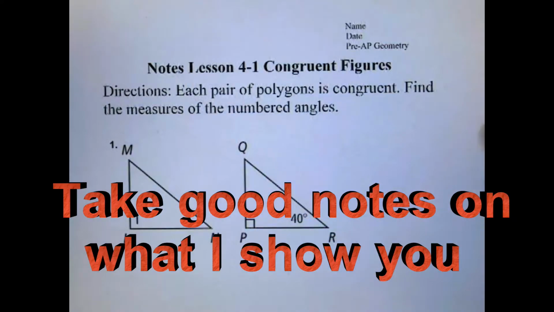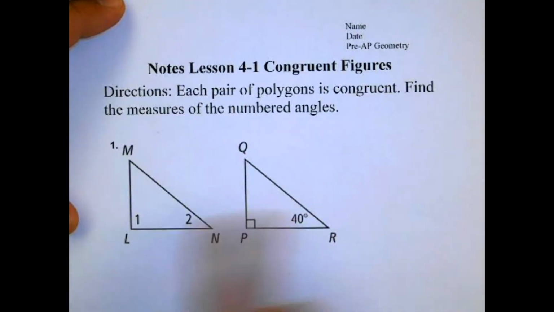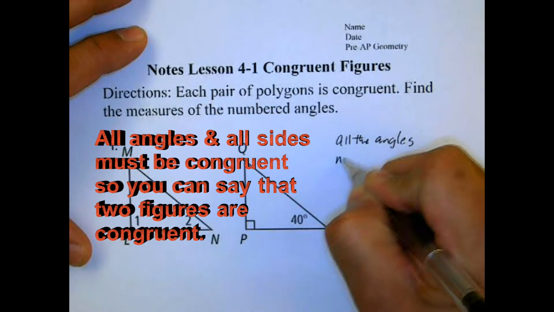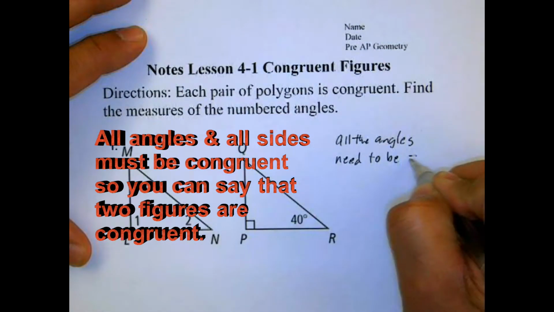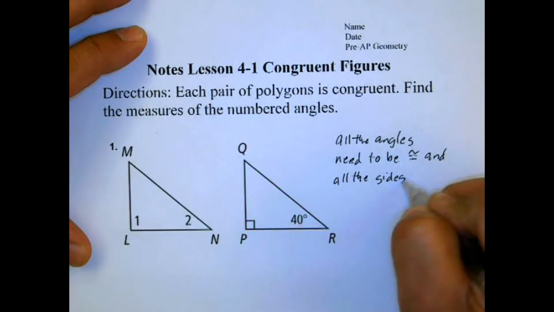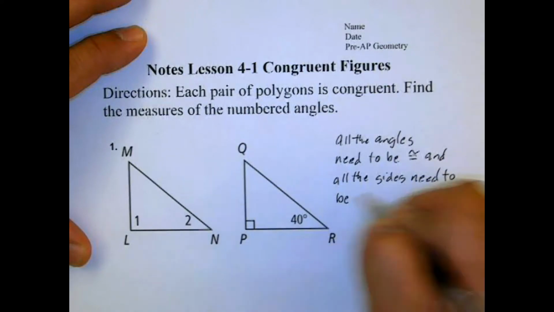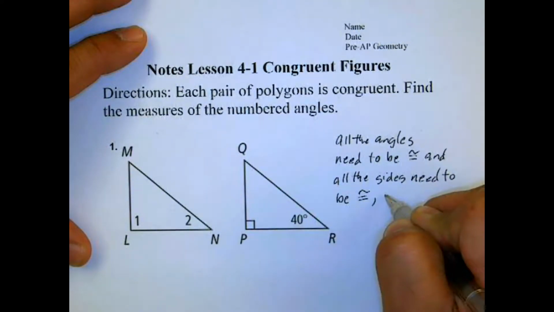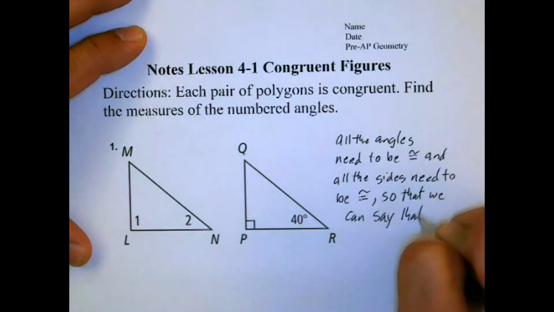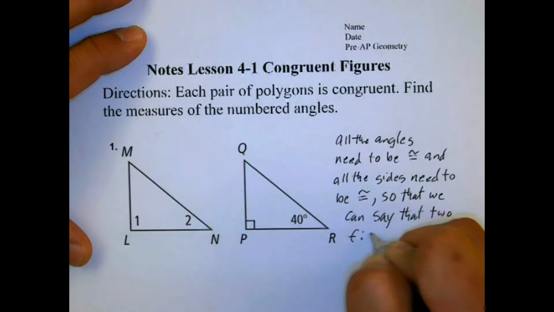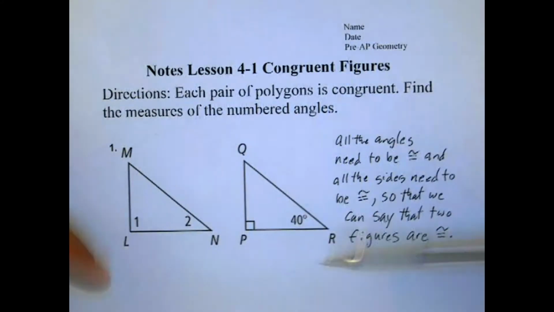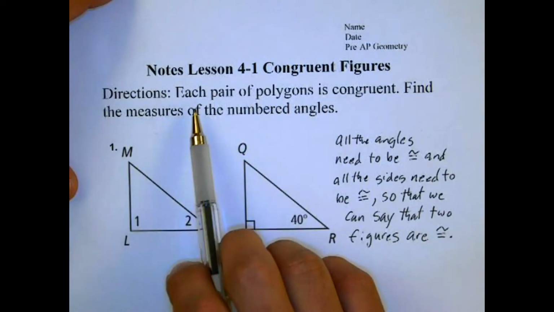Now, when we deal with congruent figures, figures that look somewhat similar, like these two right here, you're going to have to understand that all the angles need to be congruent and all the sides need to be congruent so that we can say that two figures are congruent.